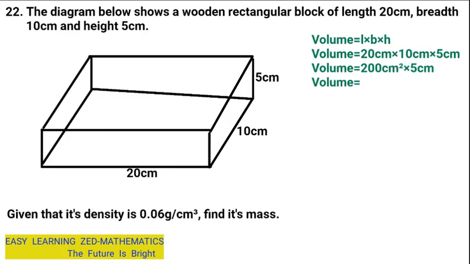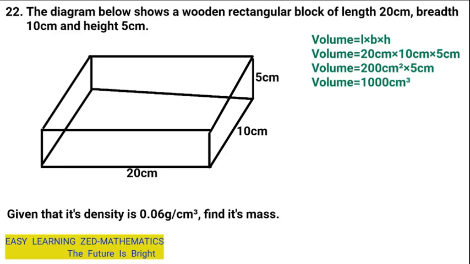So the volume of this wooden block is 1000 centimeter cubic. Now we have found the volume, so we have the volume as well as the density, and we can go ahead and calculate the mass of this wooden block.